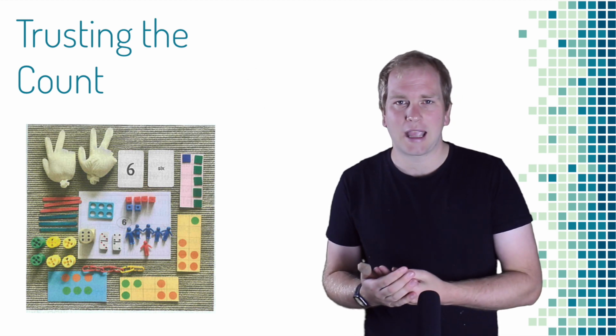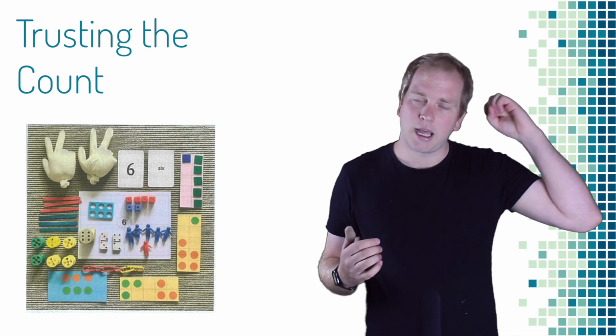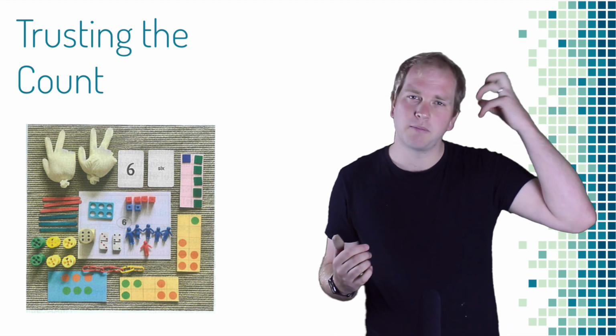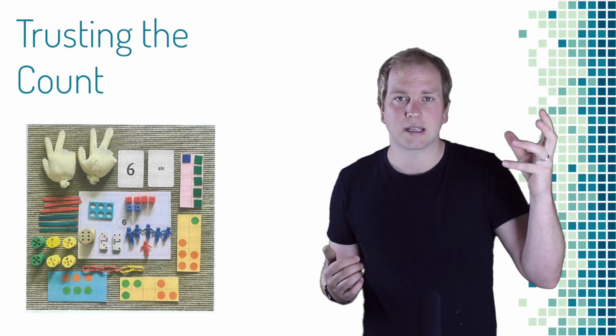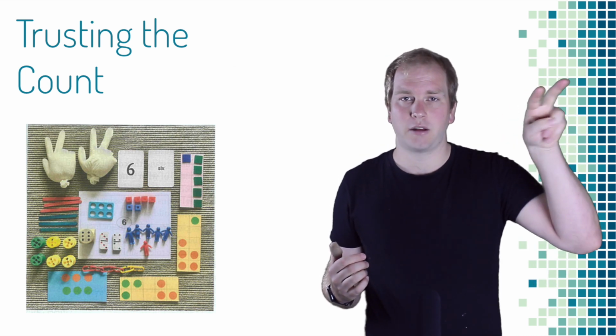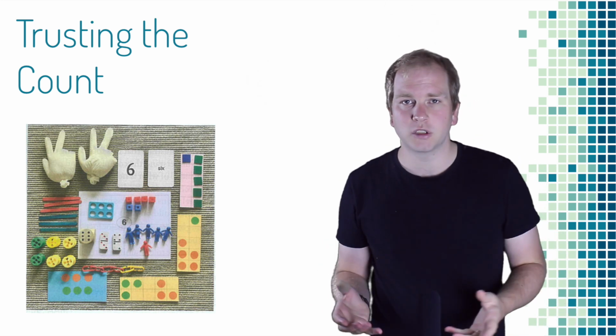If I can trust the count and have a mental object for 6, it means that I can bring up, when thinking about the number 6, mental imagery of sixness. And more than just, let's say, one learnt pattern of what 6 looks like on a 6-sided dice, I want to be able to see 6 in multiple ways.